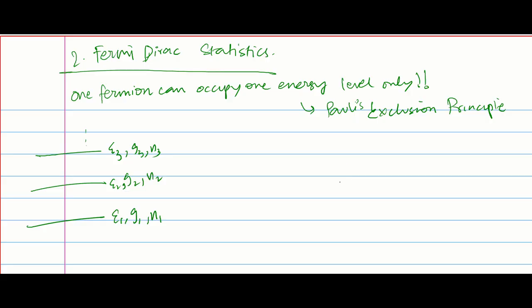Okay, so the number of ways we can arrange is, for energy level E1, the number of ways we can select or arrange N1 particles in G1 levels is simply N1 C G1, the basic combination.